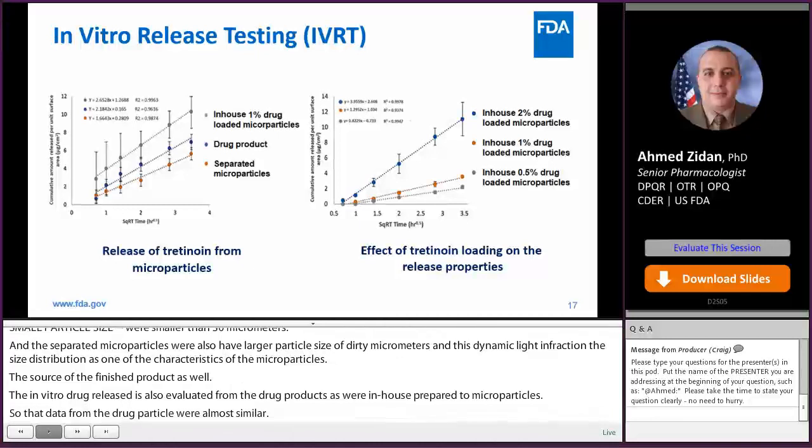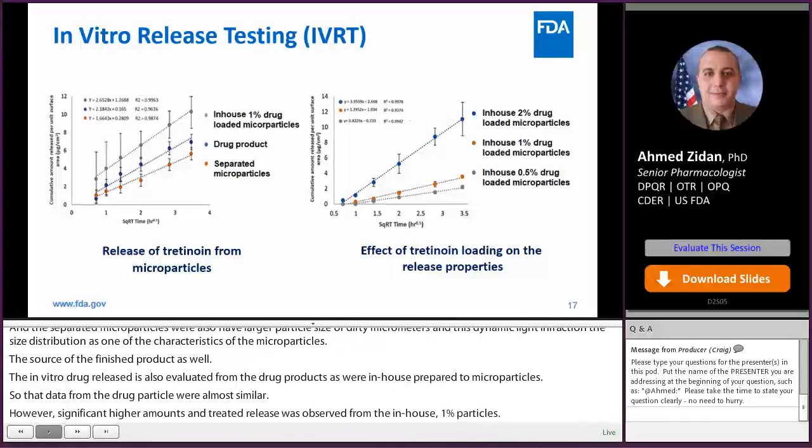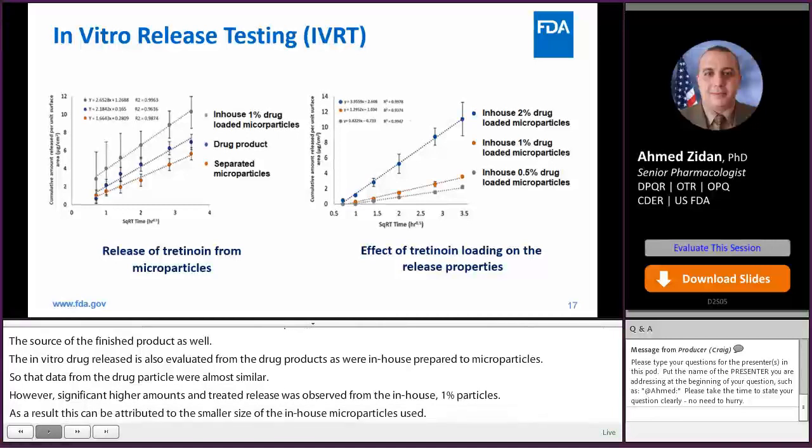This result can be attributed to the smaller size of the in-house drug-loaded microparticles used. These release data may indicate that the gel matrix has no to minimal effect on controlling the drug release rate, and the tretinoin release is mainly governed by the critical physicochemical properties of the microparticles.